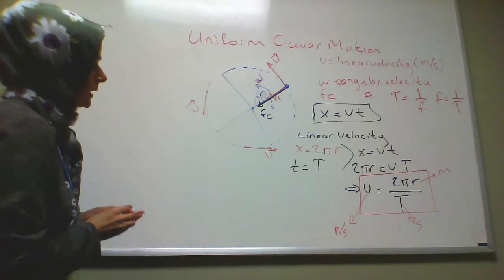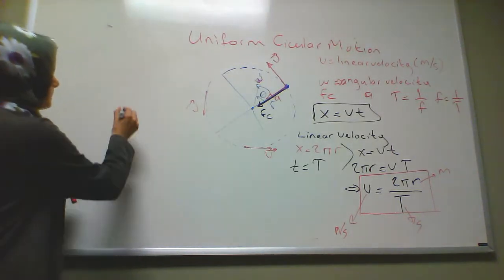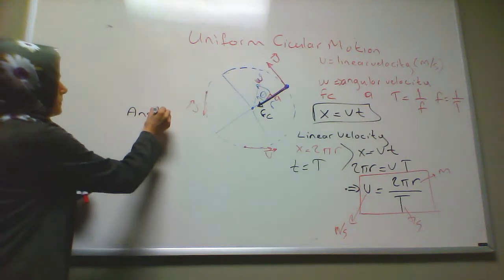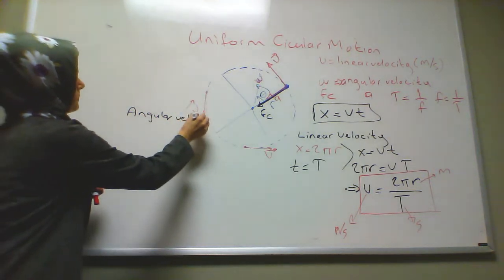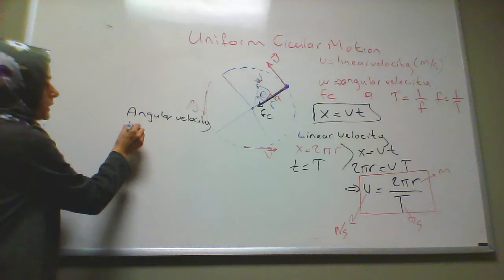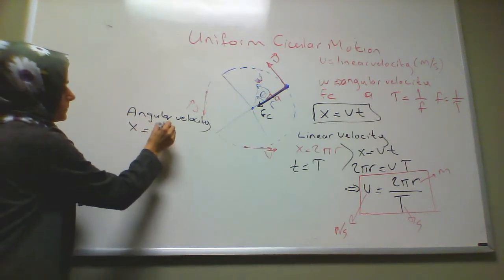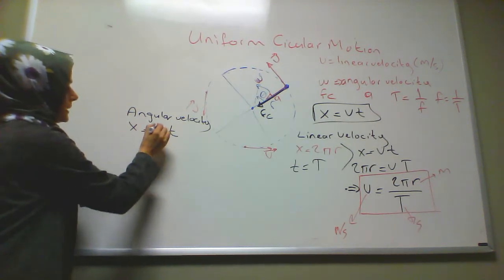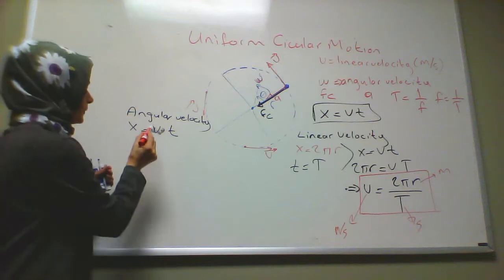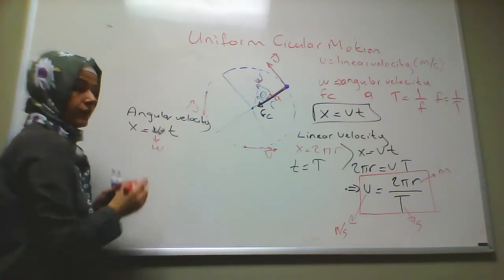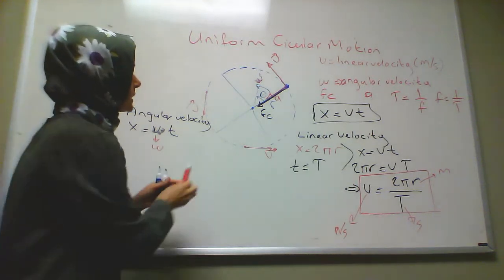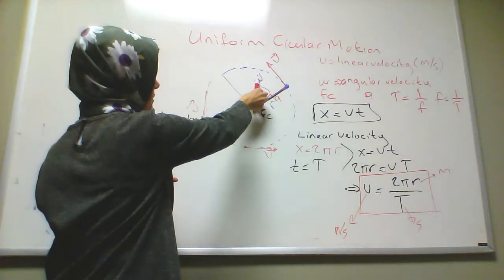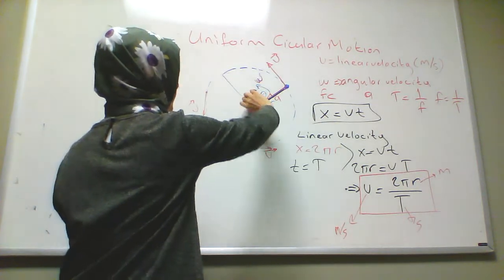Let's on this side look at the angular velocity. And we're going to use the same equation. X is equal to vt, let's say. We'll be replacing the velocity now with angular velocity. And this angular velocity just throws angles in here.